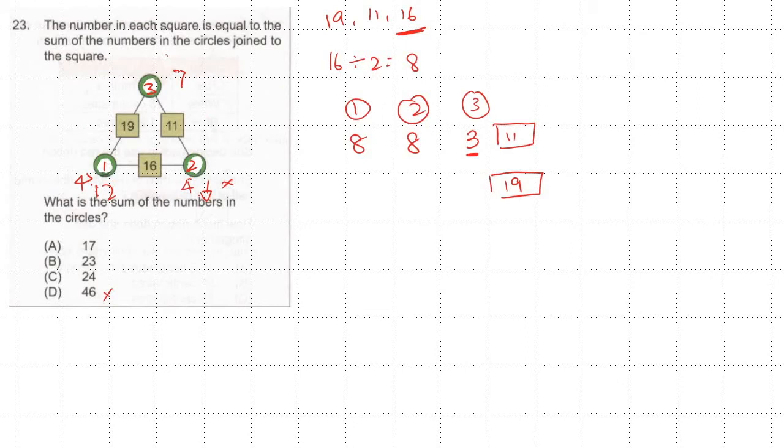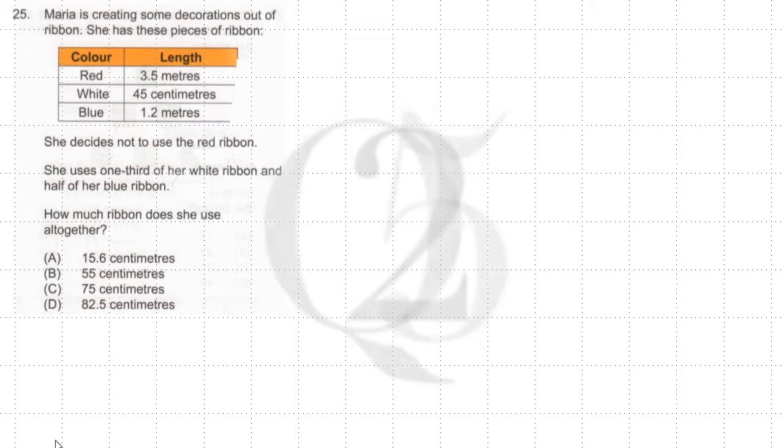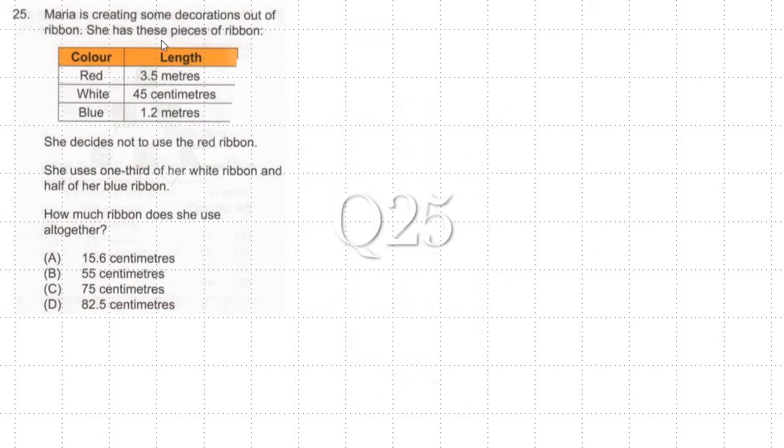So yes, this 3 is the number. But what is the sum of the numbers in the circles? So my numbers in the circles are 12, add 4, then add 7, add 7. This is my sum of everything. When you do this, you will have the answer 23. Okay, the answer you actually gave me for this is A. It's wrong. A is wrong.